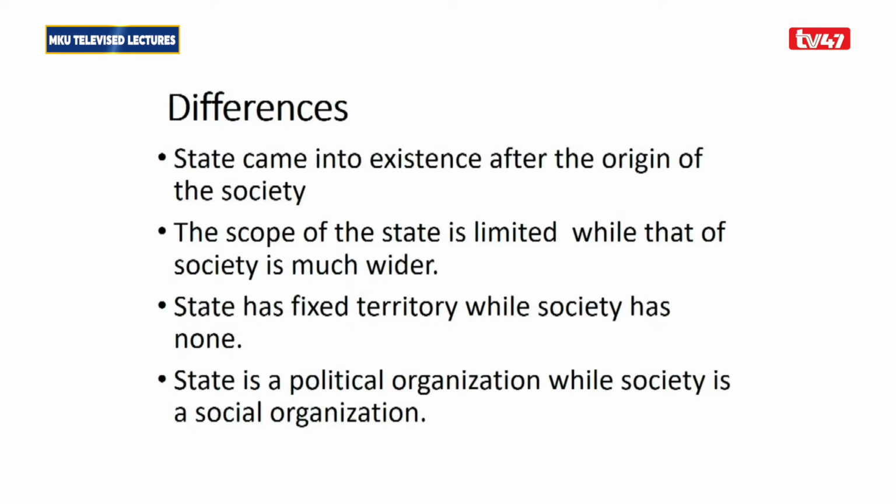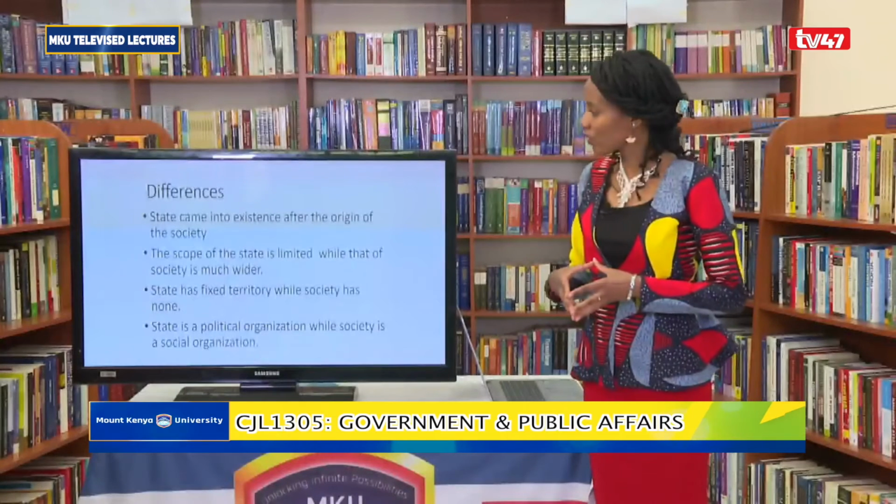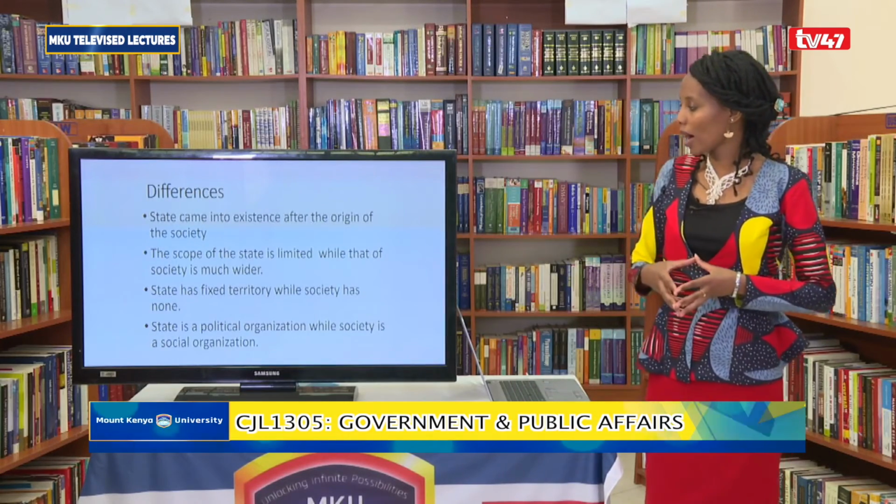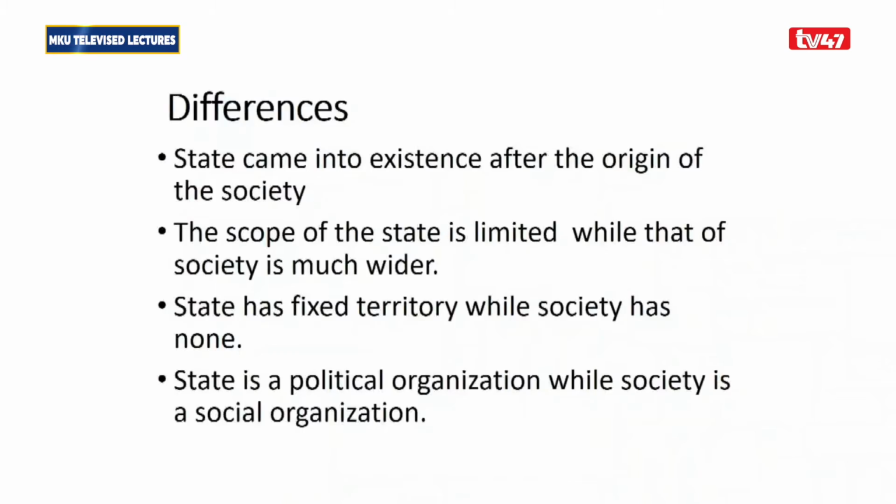State came into existence after the origin of the society, and therefore the state is a result of the society. The society came in before the state, and that's why we are saying that state came into existence after the origin of the society. Another difference is the scope: the scope of the state is limited, while that of the society is much wider.